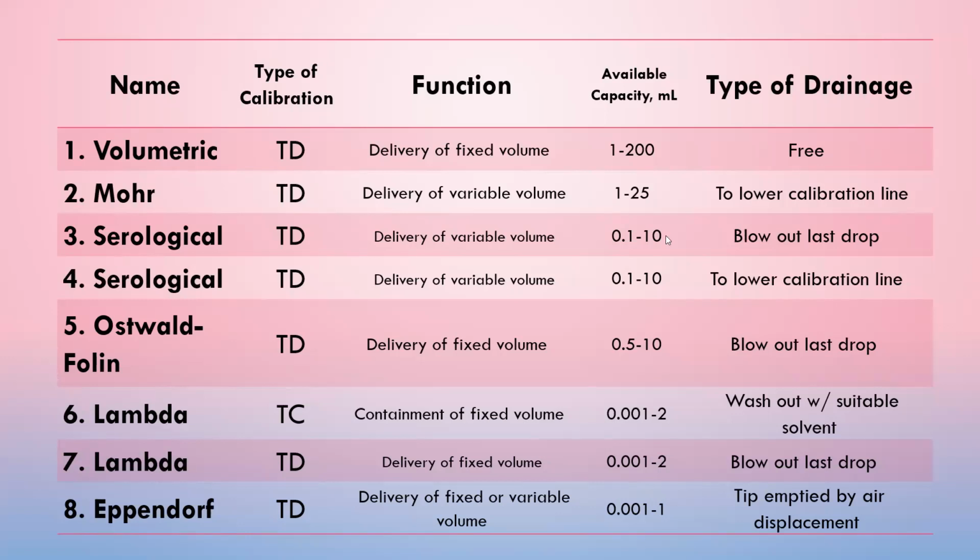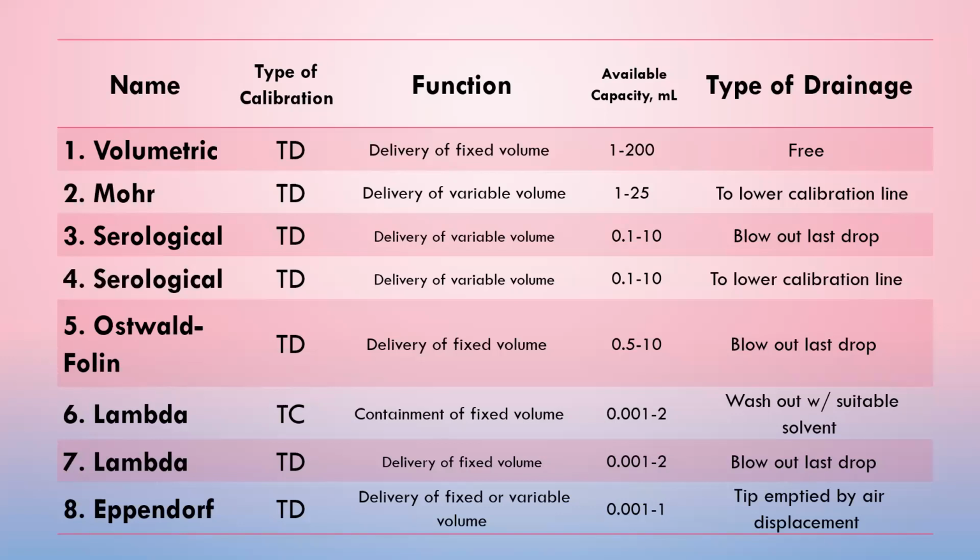Ganun kaliit na volume. Now, sa type of drainage naman, ito yung paano ba natin, di ba, magta-transfer tayo ng liquid from one container to another. Pag sinabing free lang siya, like the volumetric, we just let it flow. As we transfer it to another container, ipa-flow lang natin yung liquid. Pero yung kagaya ng more hanggang calibration line, meaning may maiiwan sa loob na pipette ng pipette na liquid.